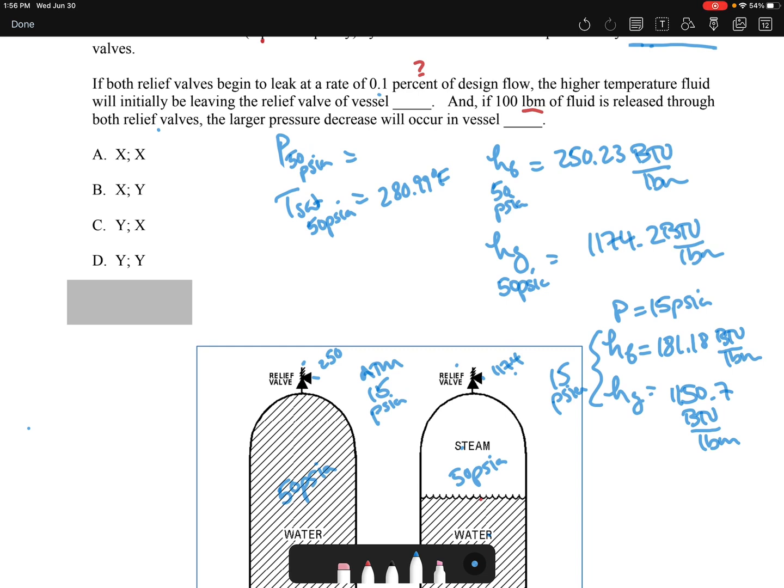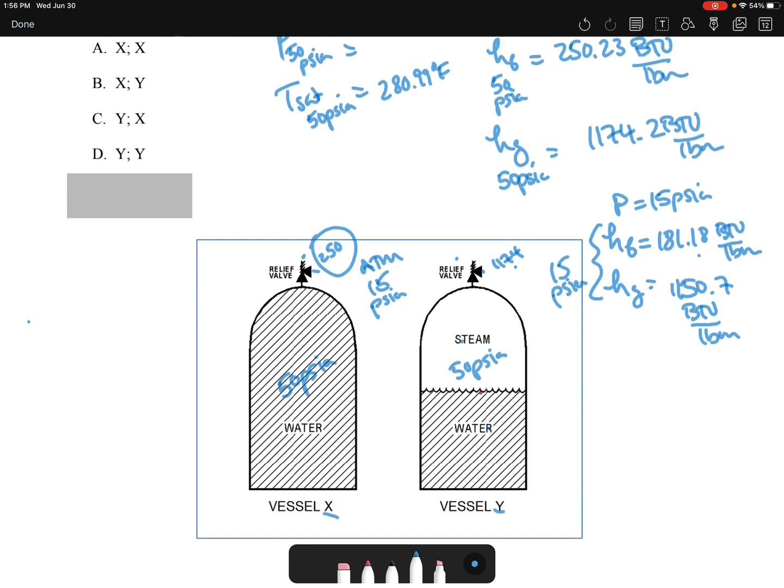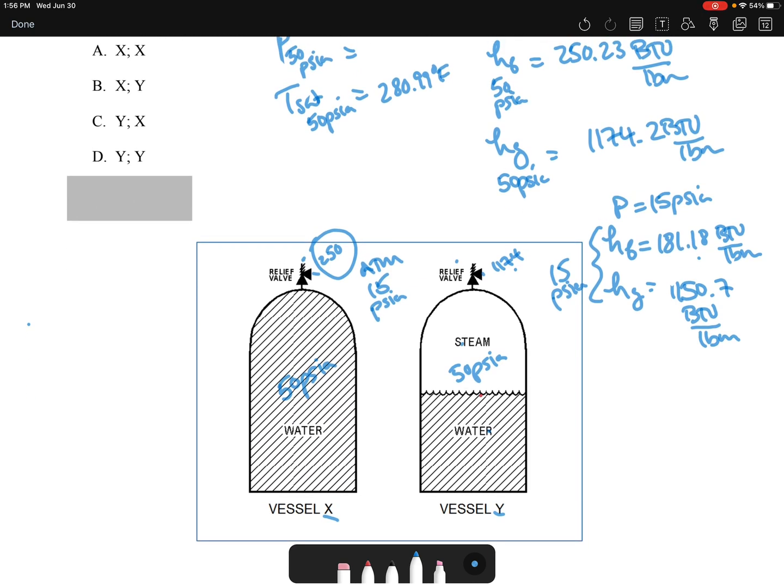Since on the low end we have 181.18 and on the high end we have 1150.7, and we know this enthalpy for tank X-ray is between those two numbers, we can say that tank X-ray is leaving as wet steam.